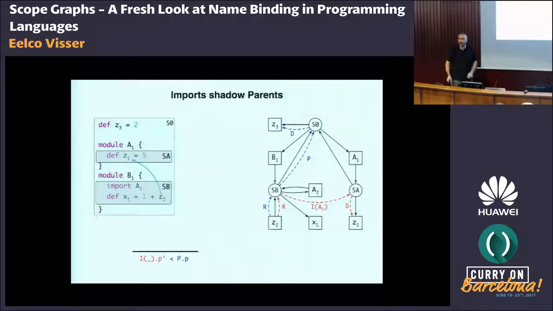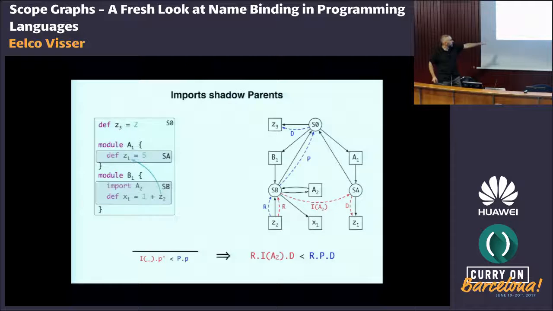Probably you can also make the counter argument and say that you would prefer the thing you find in the lexical context. But using this policy, we prefer the red path over the blue path. We could also reverse the rule, and then we get parents shadow imports.